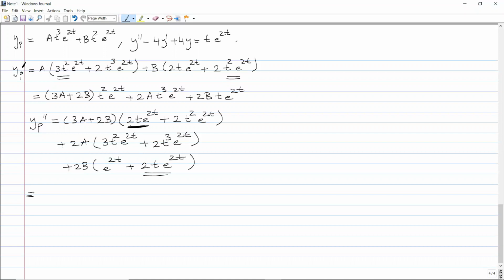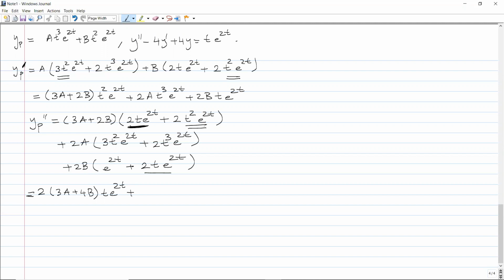So when we add the coefficients, 3a plus 4b, but we also have the 2 coming in front of t. So we have 2 times 3a plus 4b, t e to the 2t, plus.